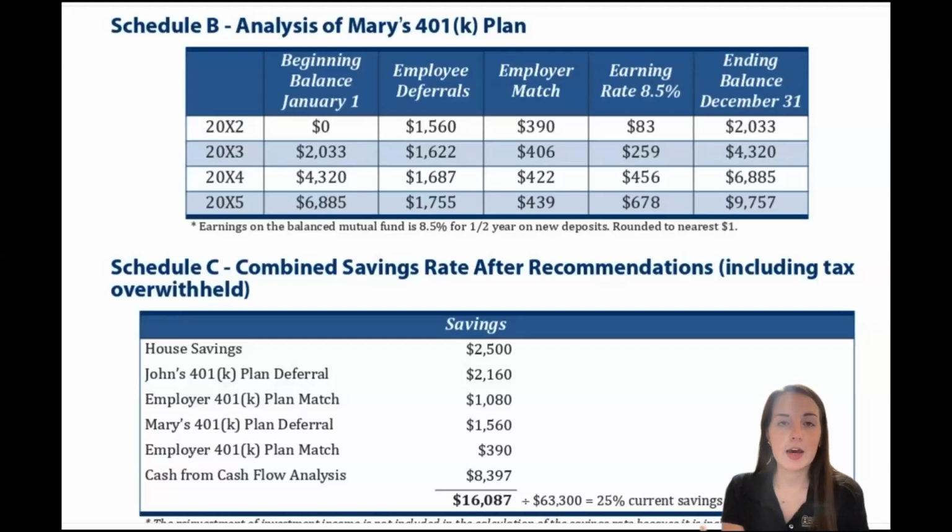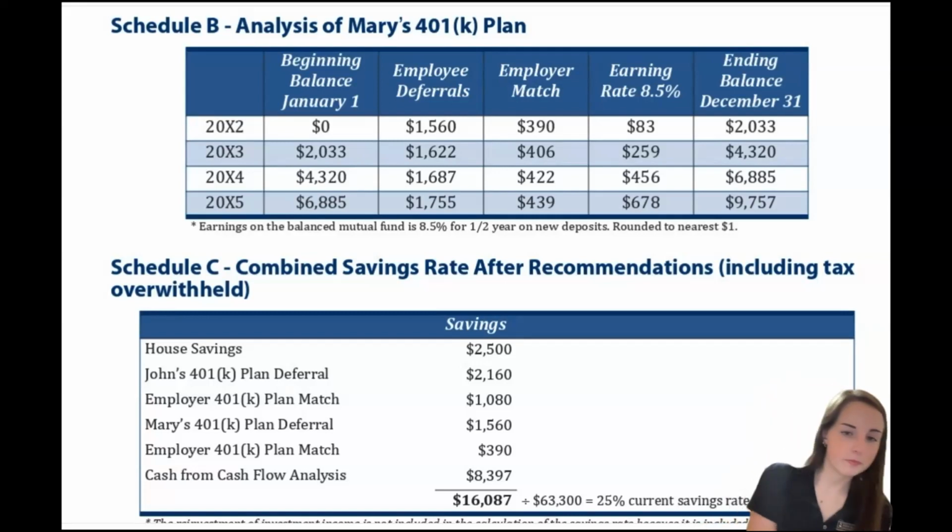And this is the projected balances of Mary's 401k plan, Mrs. Burke, if you employ the employer contribution like I recommended and start contributing. And this is your combined savings rate after the recommendations that I gave you, as you can see.